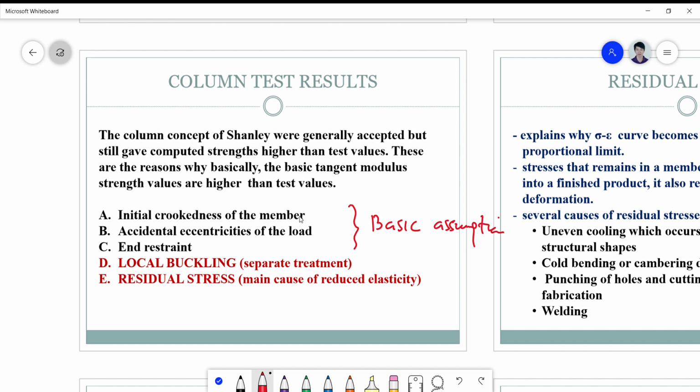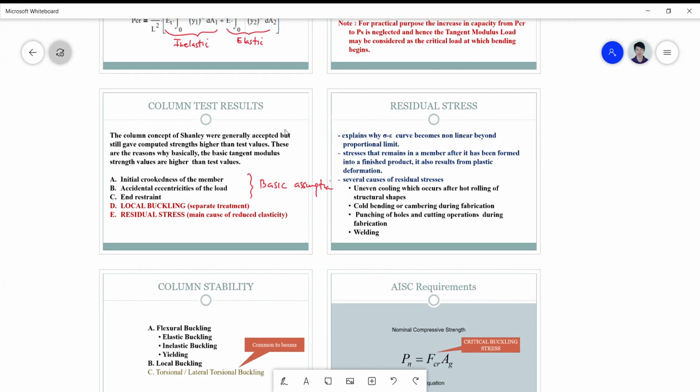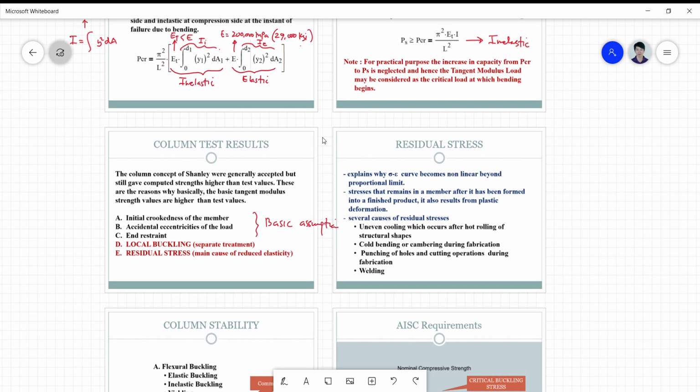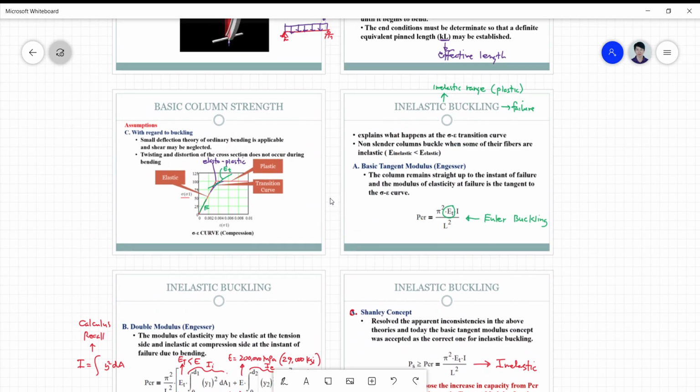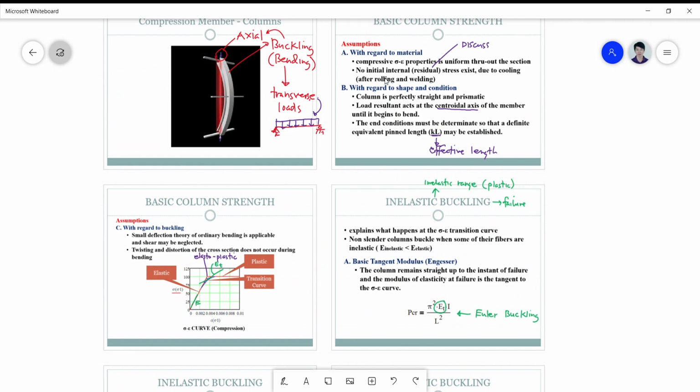Initial crookedness of the member, accidental eccentricities, and restraint. So these are actually the first three assumptions also made initially on our column strength, with regard to shape and condition.